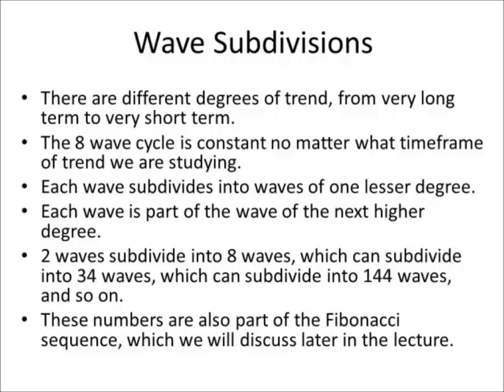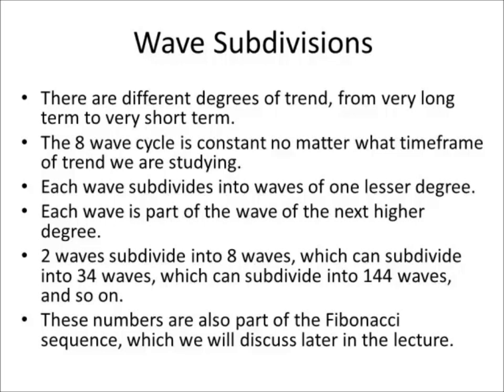So we can have trends that last a few hours, a few days, weeks, months, and even years. So we can have any different length of trend. And we should see this 8-wave cycle no matter what time frame of trend we are studying. So whether we are studying a yearly trend or a daily trend, we should still see the same 8-wave behavior.